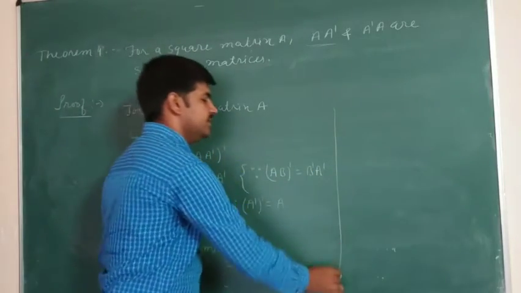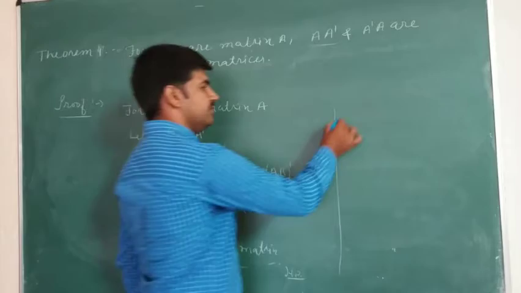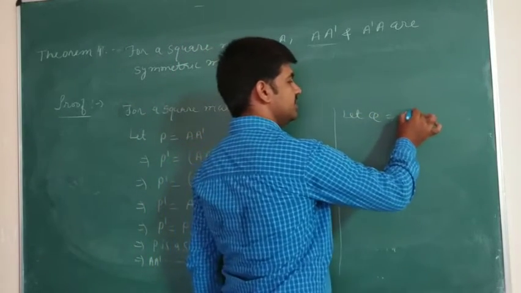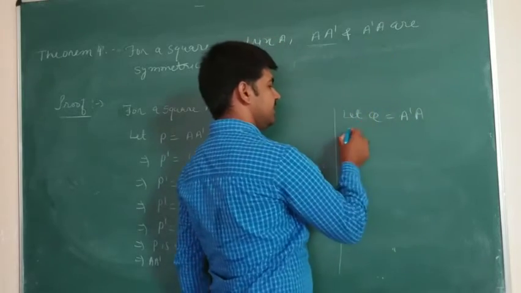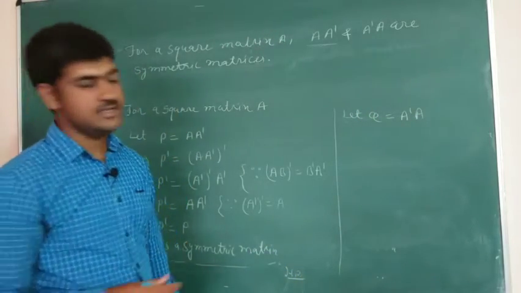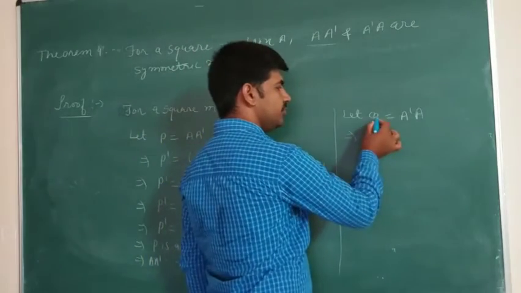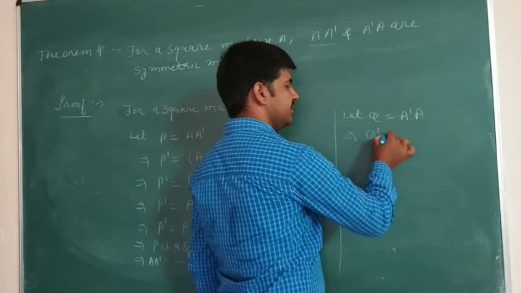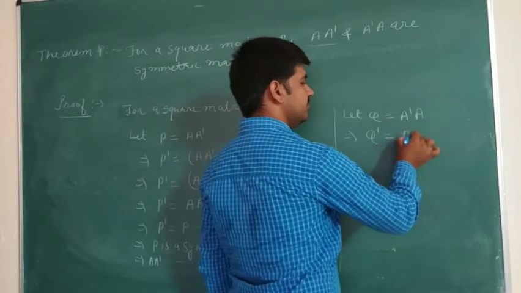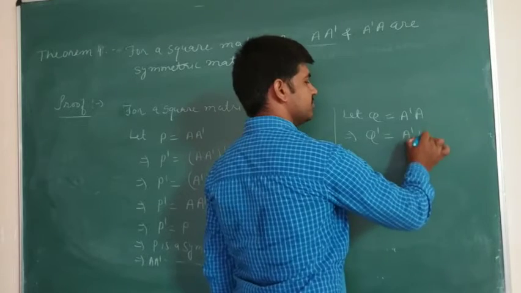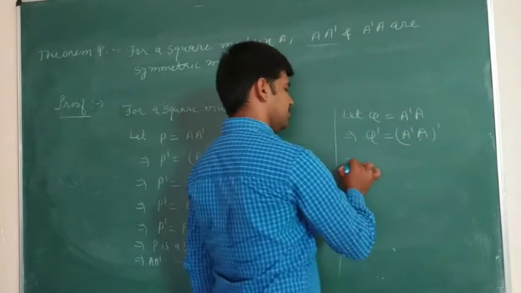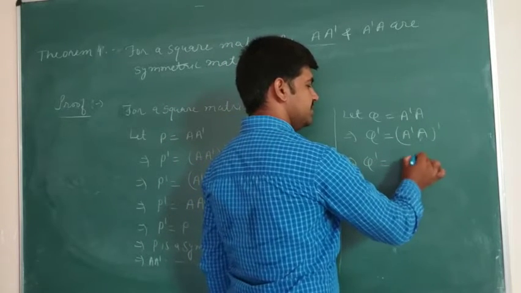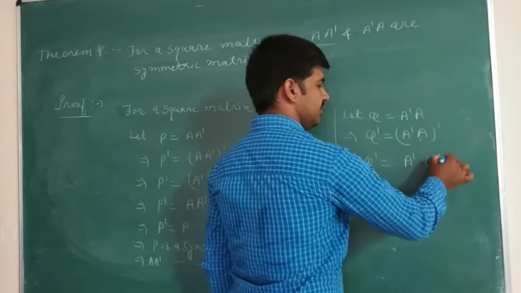Let us talk about the next one, and similarly you can do the next also. We will suppose for a square matrix A, we will suppose Q is equal to A dash times A, and we have to prove this as a symmetric matrix. So in order to prove Q as a symmetric matrix, we'll find the transpose of Q, and transpose of Q is equal to (A dash A) whole dash. Now Q dash is equal to A dash times A dash whole dash.